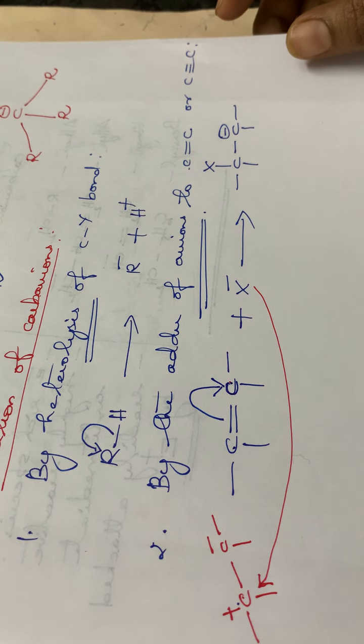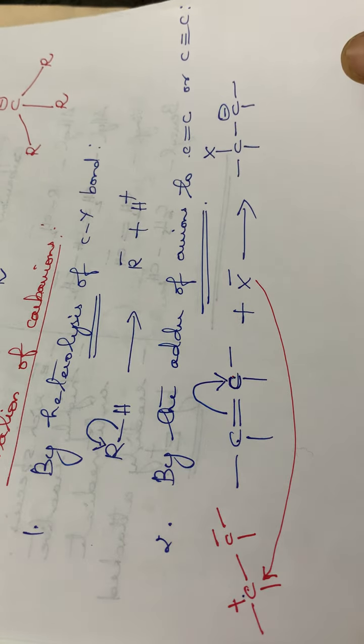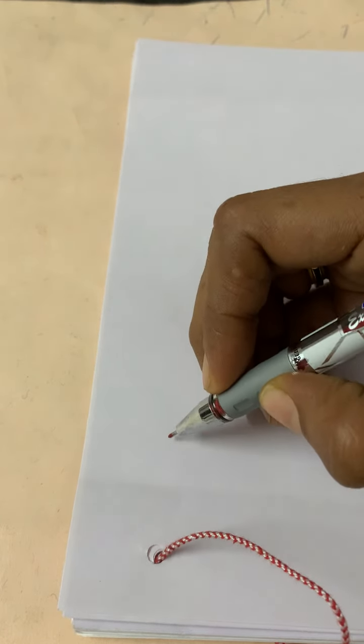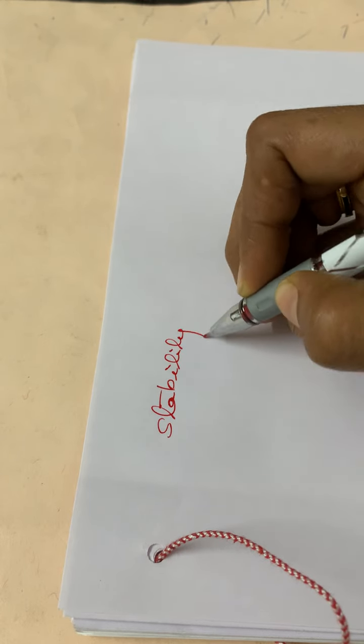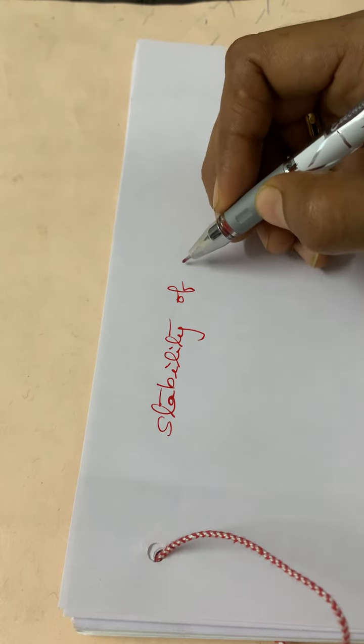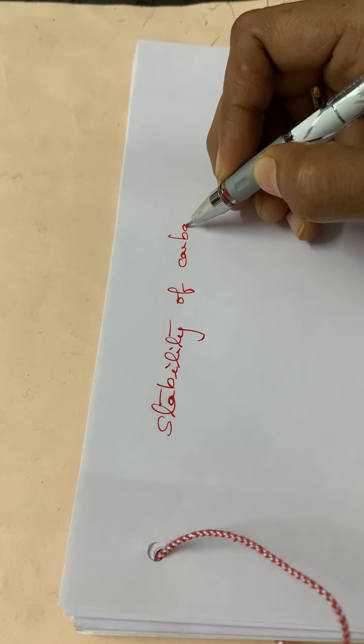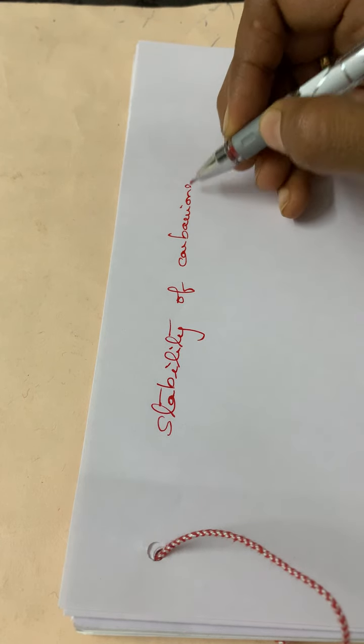Next, we can go through the stability of carbanions. The explanation is almost similar to that of carbocations. Some major differences are there, but it will proceed like in the case of carbocations.